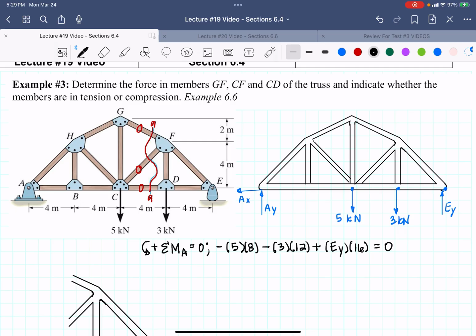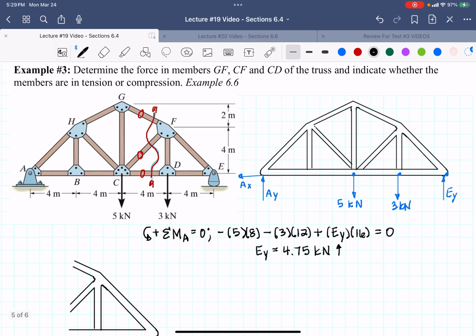So that gives me EY equals 4.75 kilonewtons. And our assumption was correct. It is going up. So that's all I need to be able to do the right side of my truss.